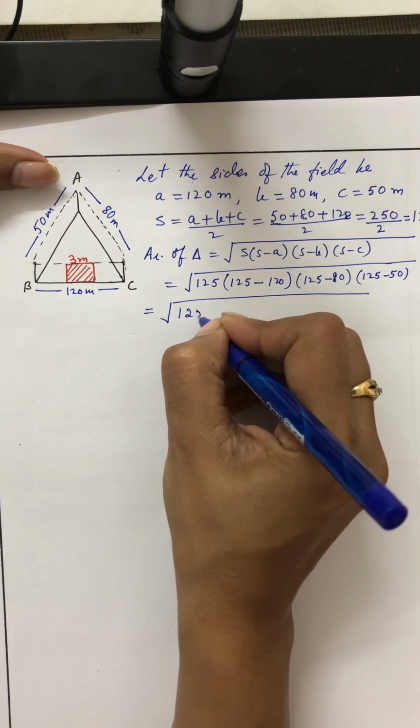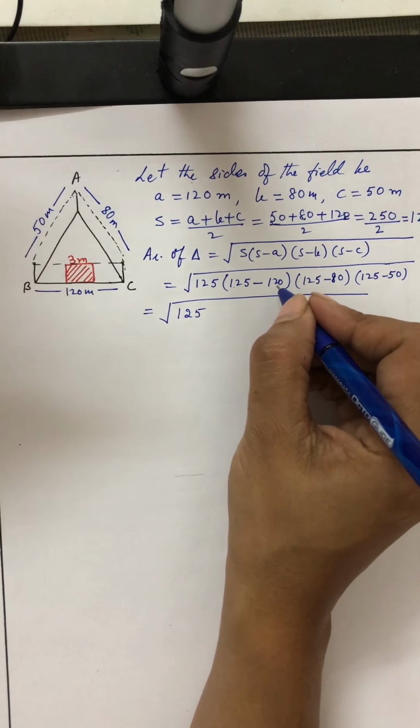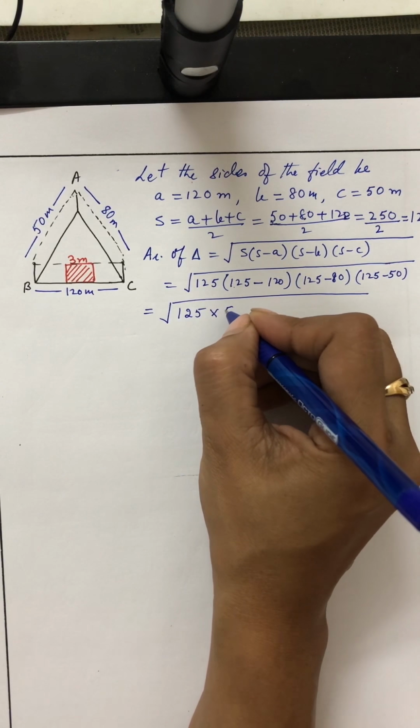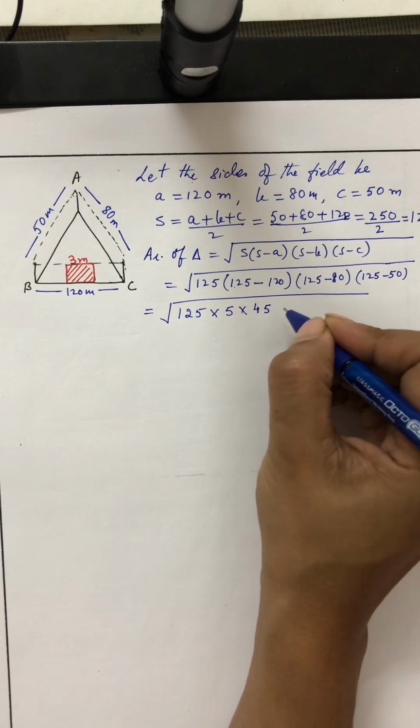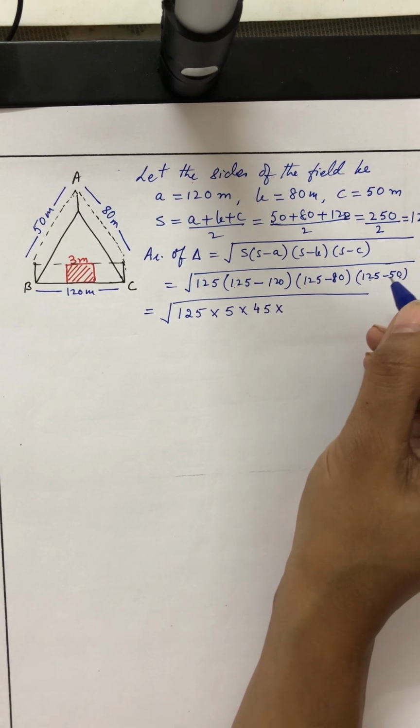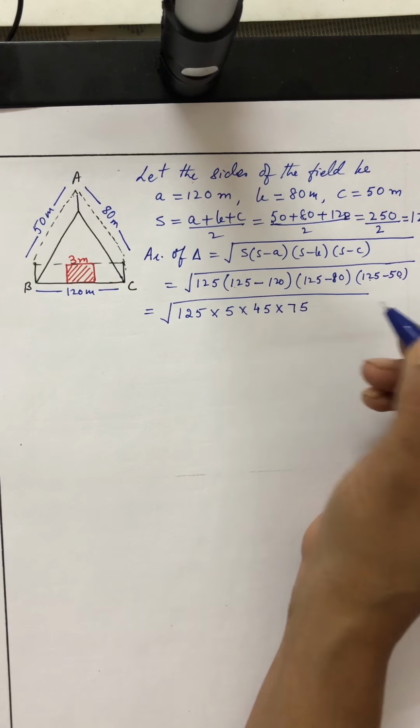Further, it's 125, and 125 minus 120 gives me 5. 125 minus 80 is 45. 125 minus 50 is 75.